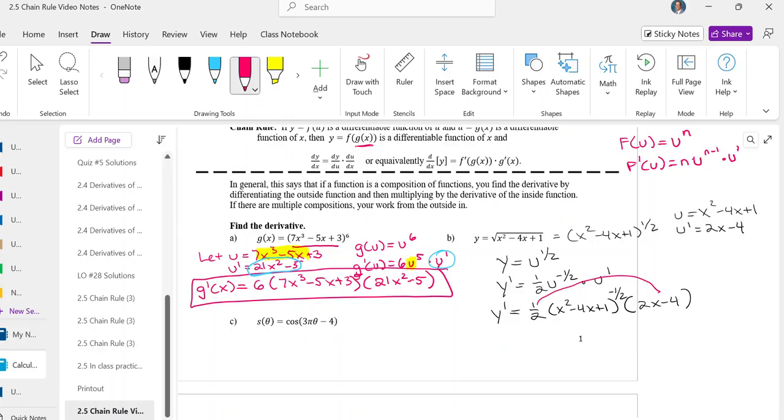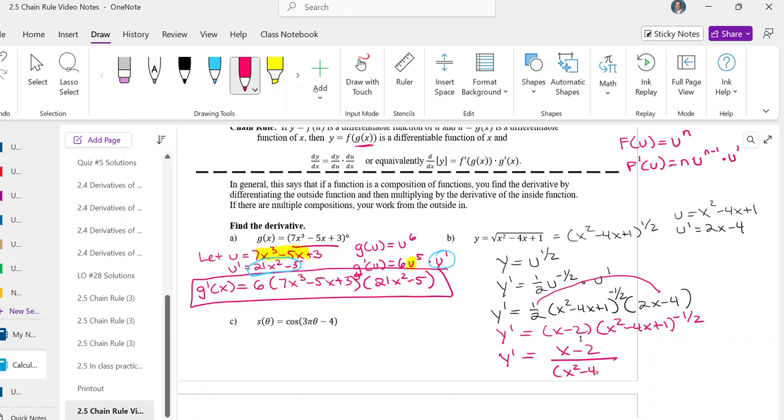So this gives us that y prime is equal to x minus 2 times x squared minus 4x plus 1 to the negative 1/2. Well, if it's raised to the negative 1/2 power, it has to go to the bottom of the fraction to be a positive exponent.